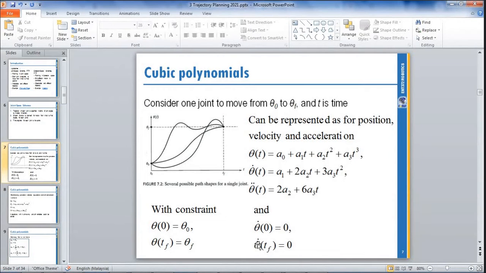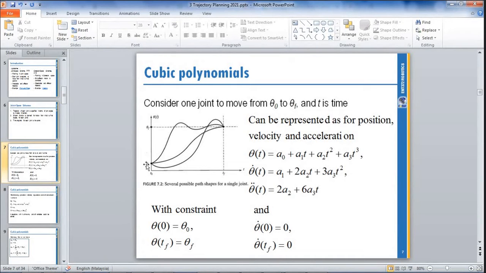And then at theta final, your velocity at time final, or goal position, is also 0.